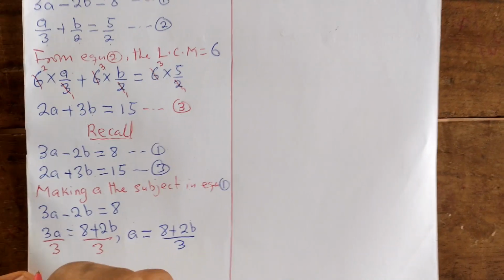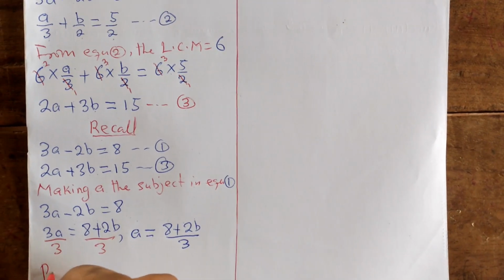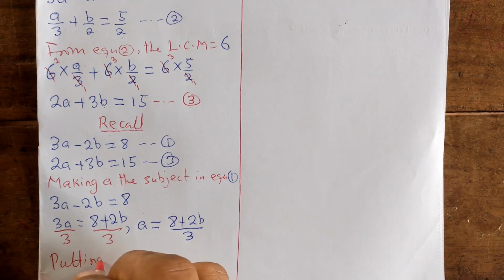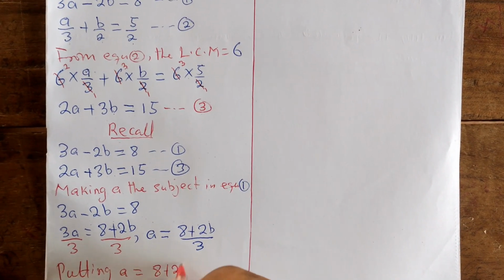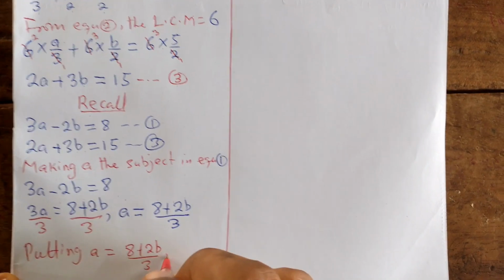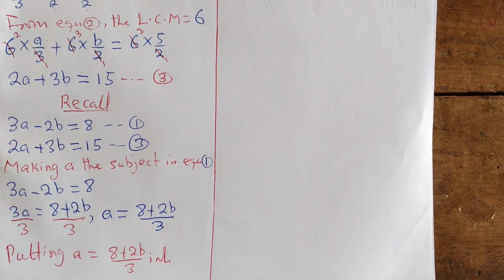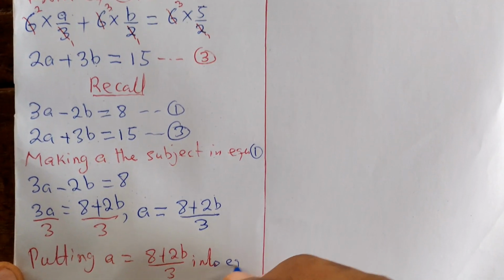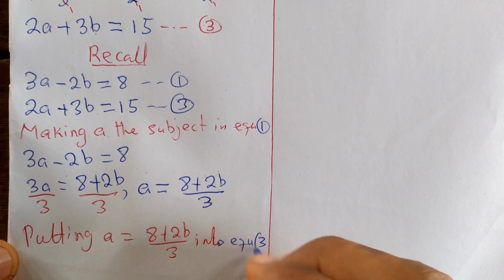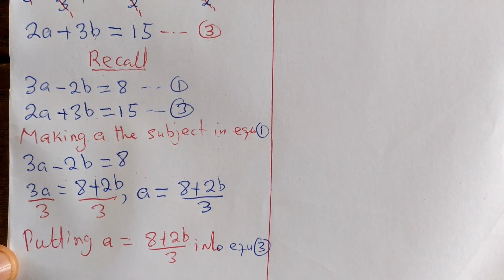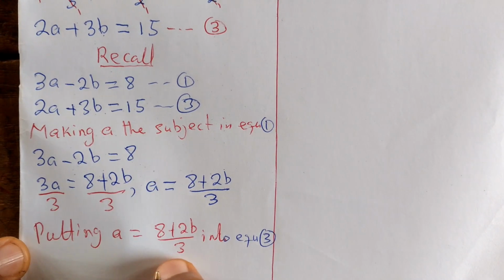Now, putting a is equal to 8 plus 2b out of 3 into equation 3. So wherever I see a, I'll put what? 8 plus 2b out of 3.